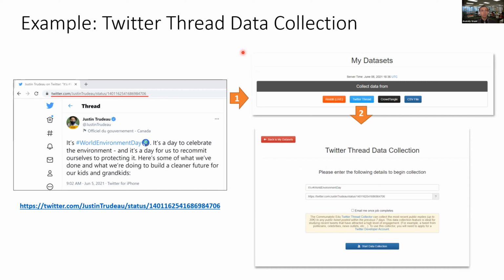I'm going to use an example from last week's session on Twitter data, where I have a dataset of replies to a tweet by Canadian Prime Minister Justin Trudeau about World Environment Day from last month. I pulled all the replies to that tweet using Communalytic's Twitter thread import option.